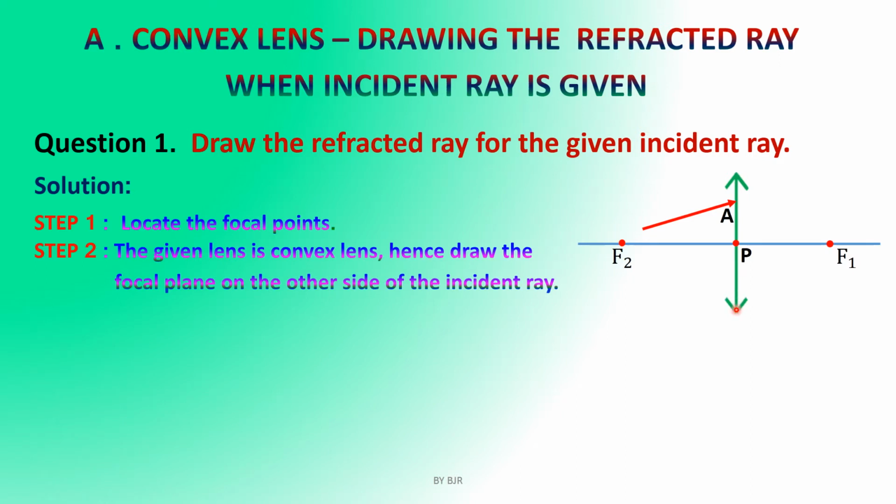So we have to draw the focal plane on the other side of the incident ray, that is at F1, we have to draw the focal plane like this. A normal drawn to the principal axis at F1 is called as the focal plane. It's not a line actually, it is a plane, two-dimensional plane.